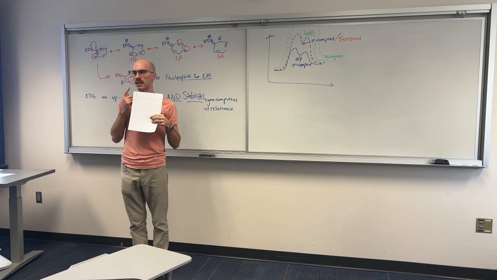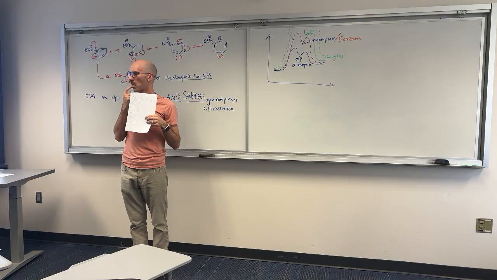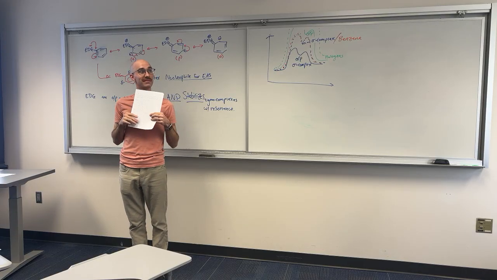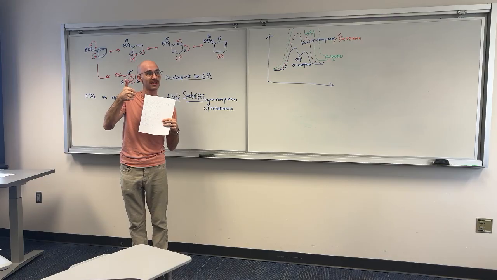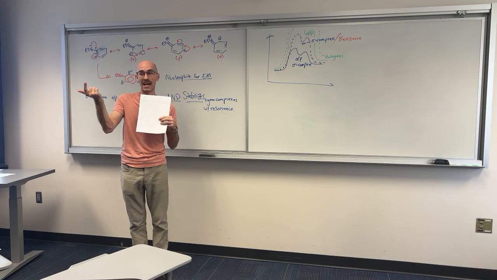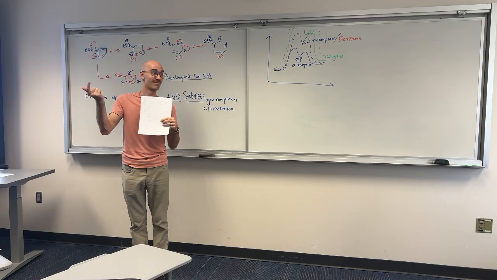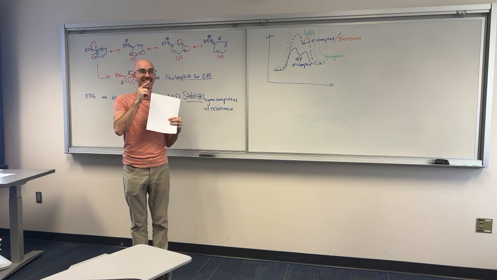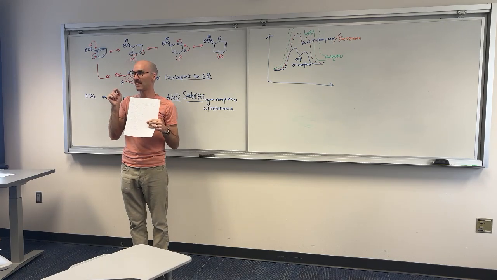Where is the most stable resonance form? The middle? Why? Does it minimize charge? No. Does it maximize octets? No. Does it place the charge appropriately? Yes. It places the positive charge on the most substituted carbon.